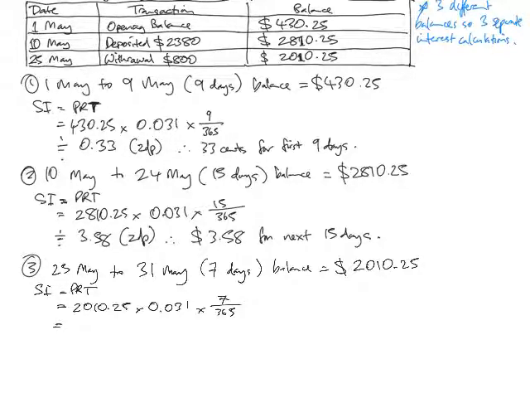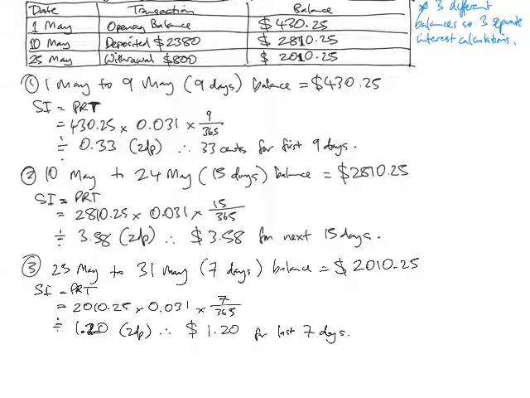So work that out, 7 divided by 365 times by 0.031 times by 2010.25. That approximately 1.20 to 2 decimal places. Therefore, $1.20 for last 7 days.